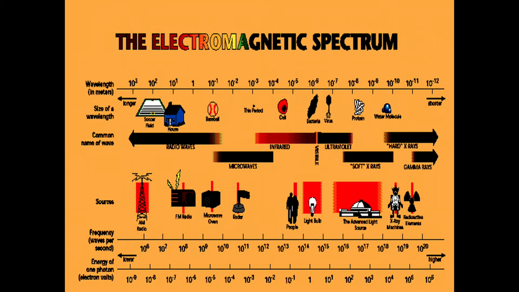Notice, there you go, you have radio waves, microwaves, infrared waves. They span a large number of wavelengths. Look at the one that spans the smallest number of wavelengths. It's visible light.